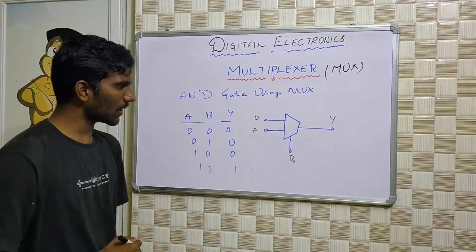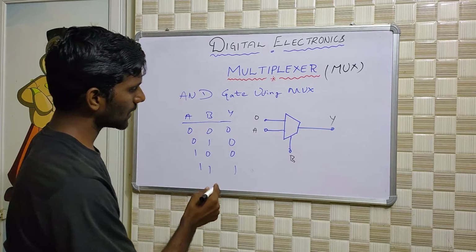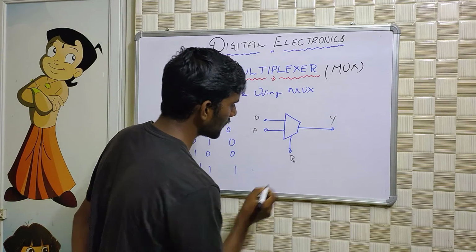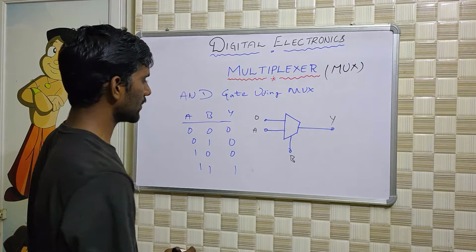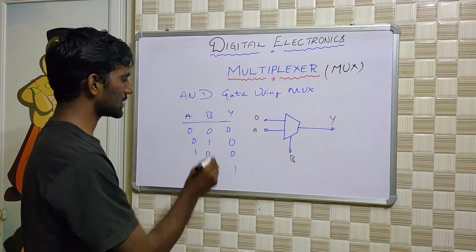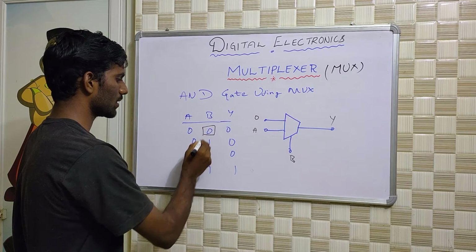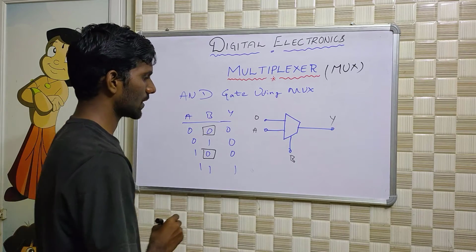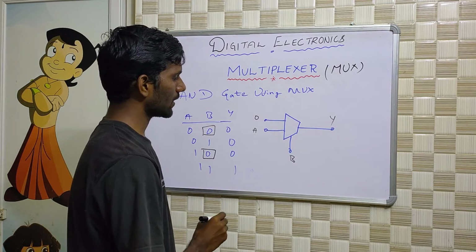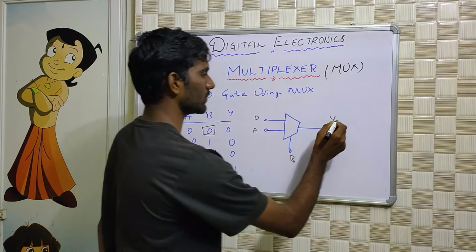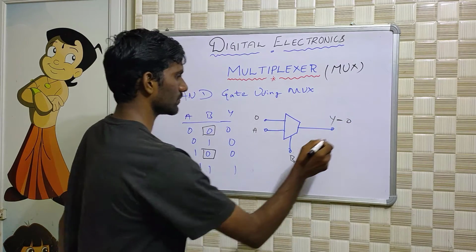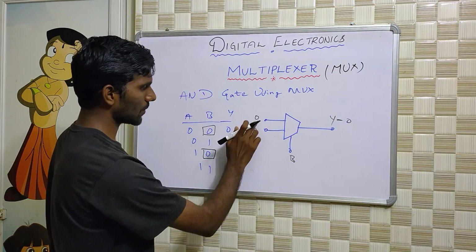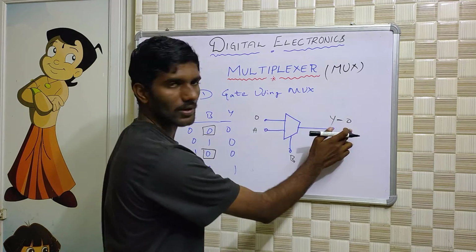Then it will become AND gate. How? So we'll see. For example, if I take B as 0, then I need to get output as 0, right? If I take B as 0, then output will be 0.